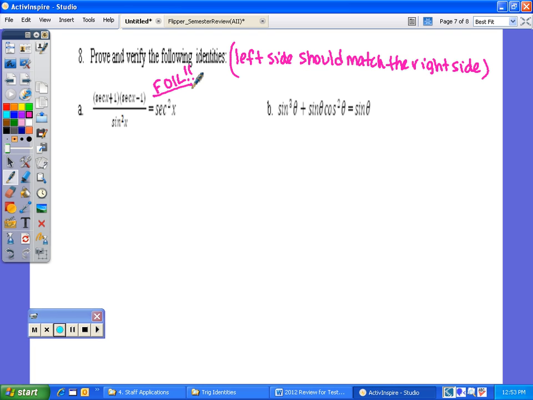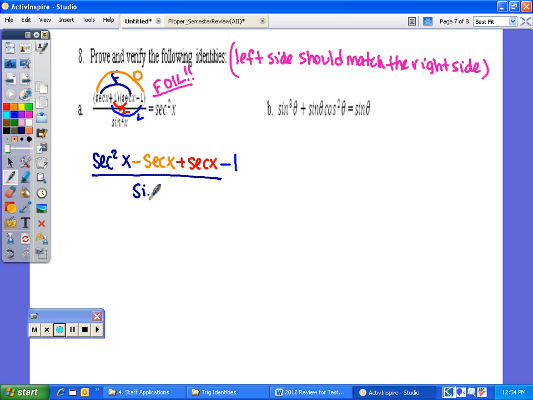Okay, my algebra 2s, we do a box method. You guys said you like regular FOIL, so we'll do that. So FOIL says first, which are these two. So secant times secant is secant squared. Outside, which is secant times negative 1, which is negative secant, inside, which is 1 times secant, or secant, and last, which is 1 times negative 1, which is negative 1, all over sine squared.